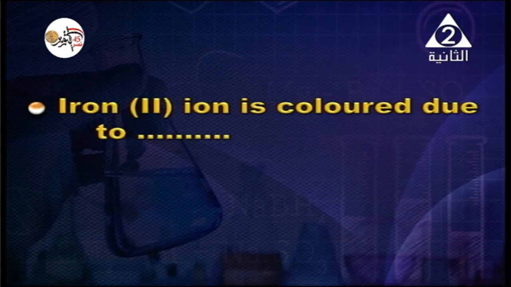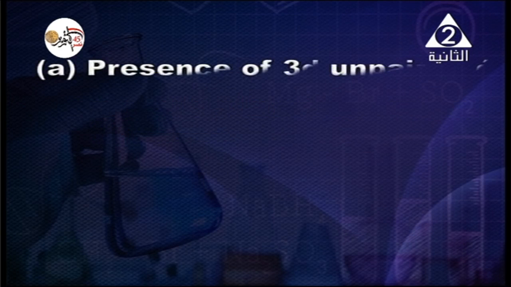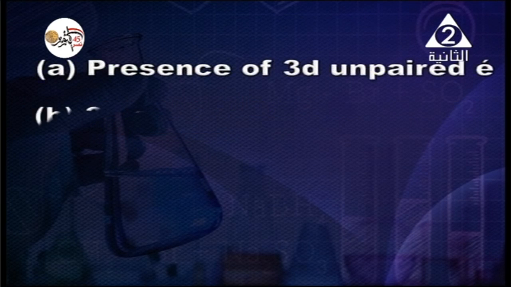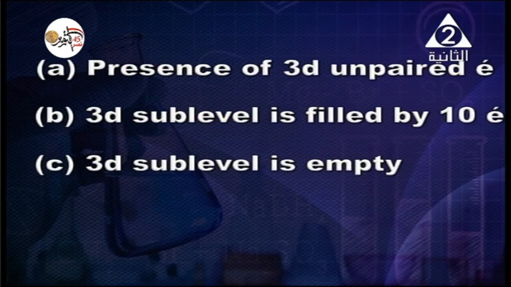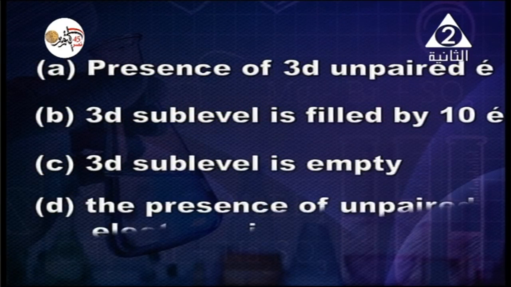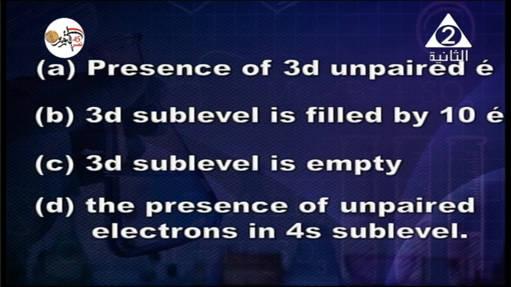Next point. Iron 2 ion is colored due to what? Presence of 3d unpaired electrons, 3d sublevel is filled by 10 electrons, 3d sublevel is empty, the presence of unpaired electrons in 4s sublevel. If you think about the answer, my dear student, it will be 3d unpaired electrons.